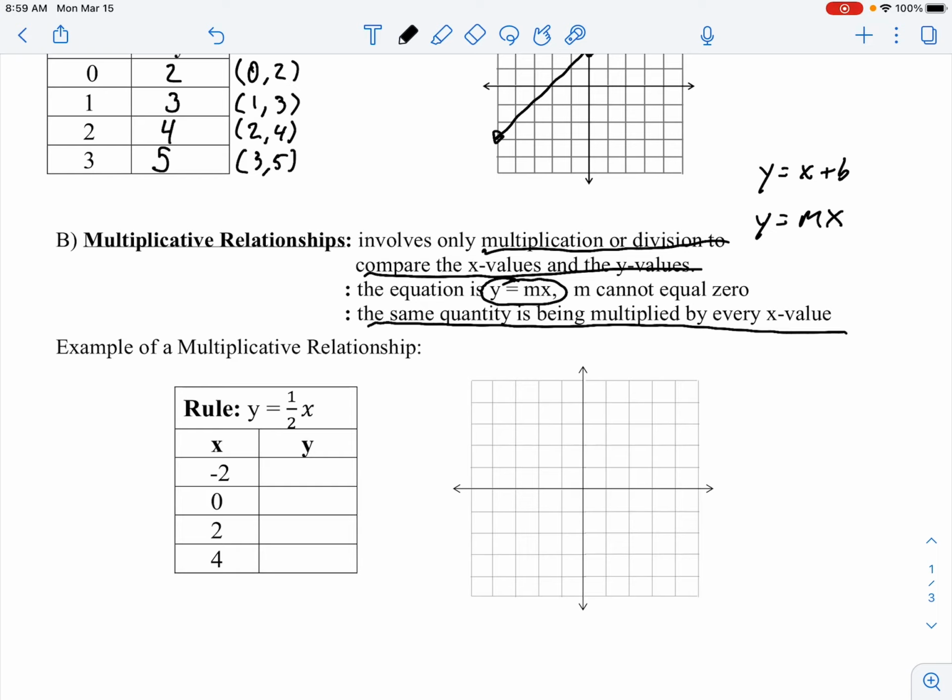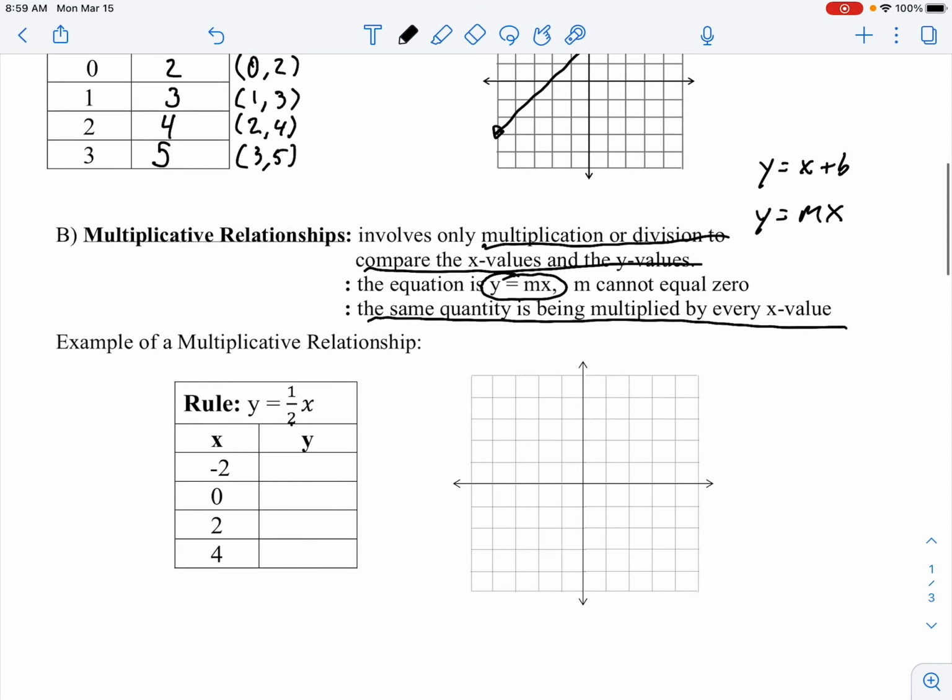I'll show you how we can tell the difference in a minute. All right, so our rule for this one is y equals 1/2 times x. Well, negative 2 times 1/2 will be negative 1. 0 times 1/2 is, well, 0 times anything is 0. 2 times 1/2 is 1. 4 times 1/2 is 2.